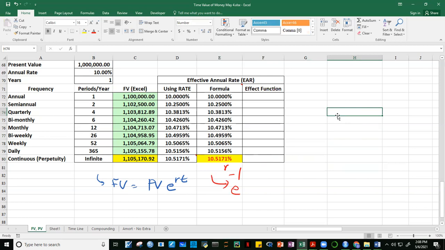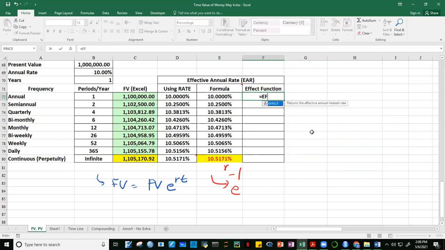All right. Then we can also use, so pwedeng rate, pwedeng formula, pwedeng effect function. So there's a function here called effect. Okay? So we're asked for the nominal rate and then the number of periods per year. So nominal rate, 10%, if you fix natin, comma, number of periods per year, ito.